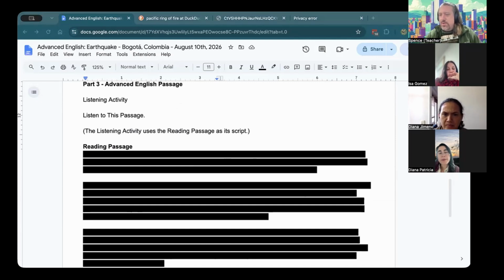We're going to listen to it one time, just hearing it, and then we'll probably listen to it a second time where we can actually see the text. But I want you to just hear the text the first time. So it's fairly short. It's just 3 paragraphs.